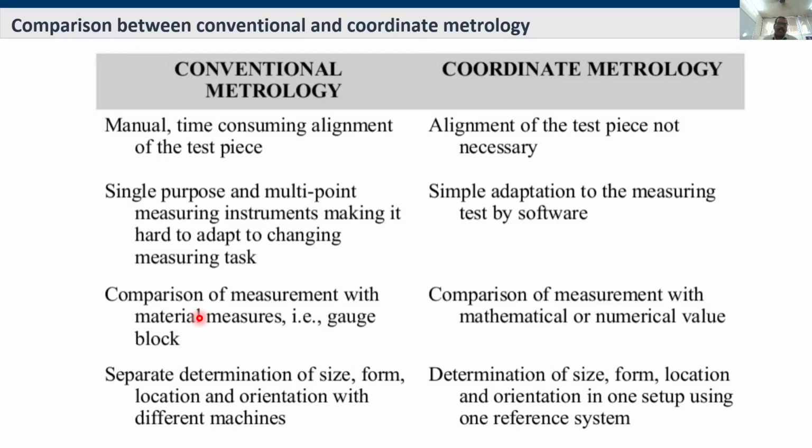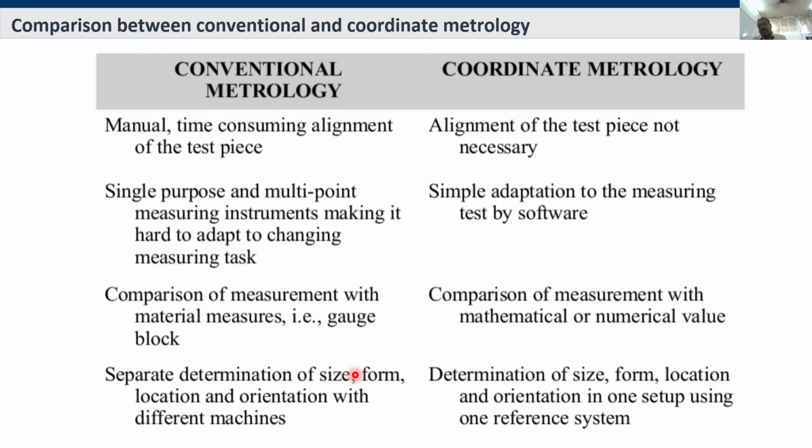So you need separate determination. In conventional metrology you have to separately determine the size, form, location, and orientation. But in coordinate metrology, it is all in one. The software provides you a single measurement. Once the system is on and the probe is touching, it records all the XYZ coordinates from the component.